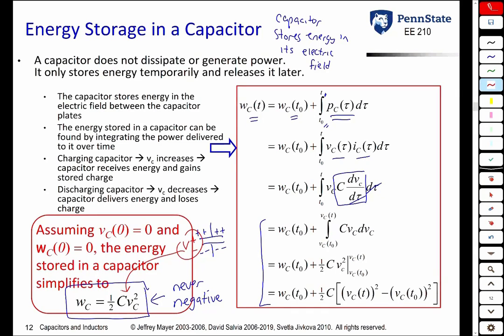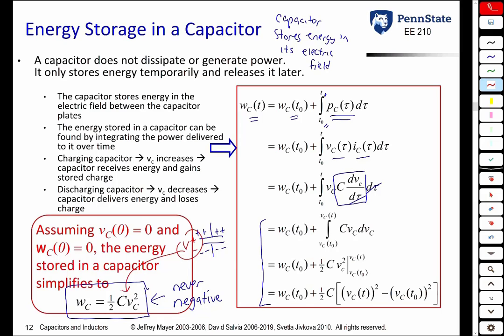Later on in this semester, we'll see how this energy can be used to drive a circuit once the capacitor loses its energy. Just like if you have a water balloon, once you release the water balloon and let that water gush out, that energy stored as potential energy in the water balloon gets released. Just like you have a water tower where you have water in the water tower. Once you let the water out of the water tower, that potential energy stored in the water tower gets converted to kinetic energy.